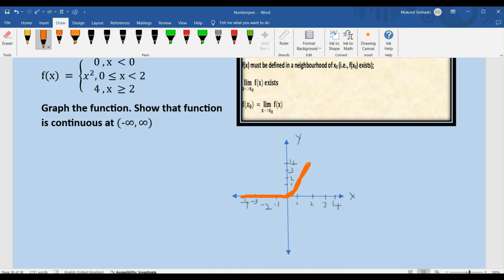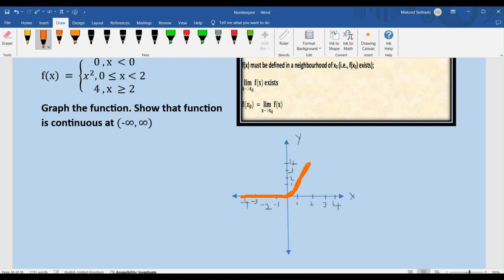And what is this transformation? For values very close to 2 from the left, which means x less than 2 but very close to 2, we have f of x taking x square, which is nothing but 2 square, which is 4.